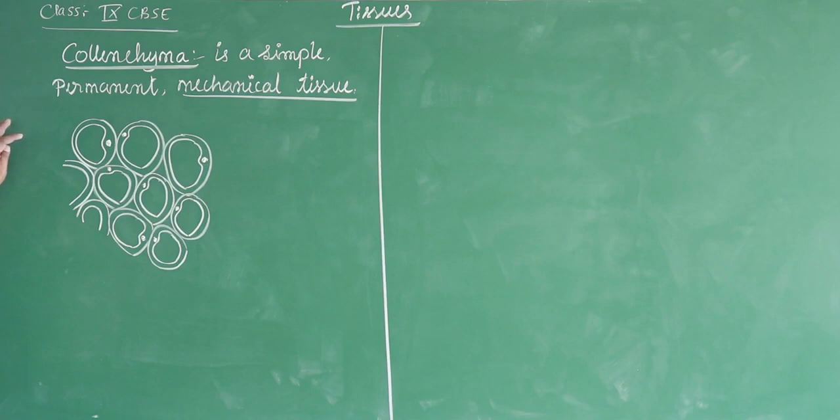The difference is that in parenchyma you will find intercellular spaces, but there is no intercellular space in collenchyma.